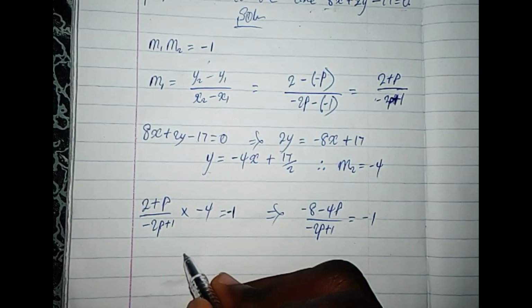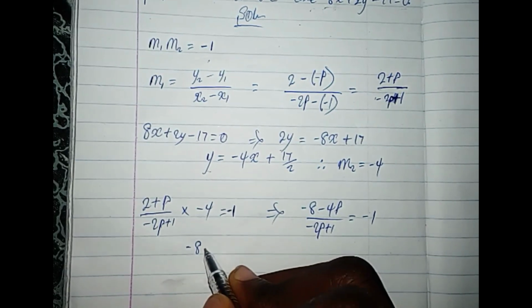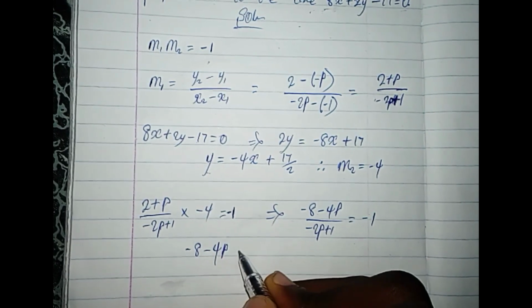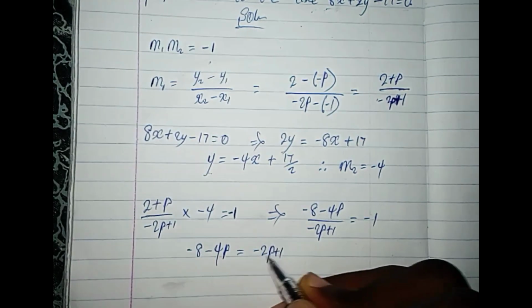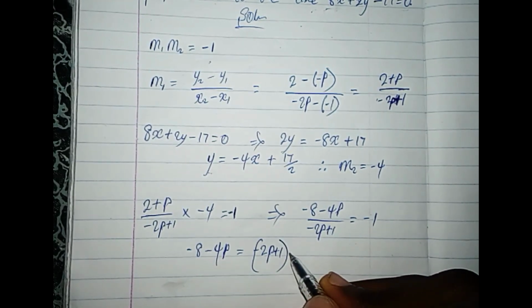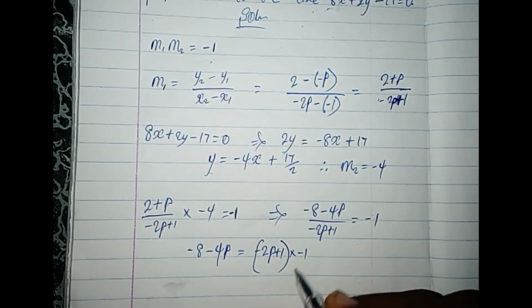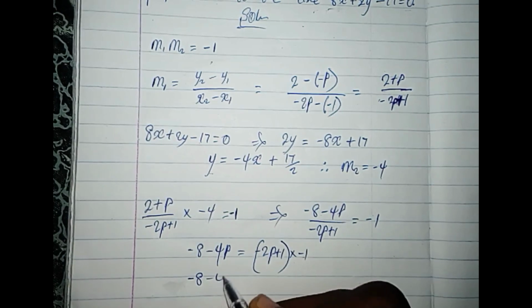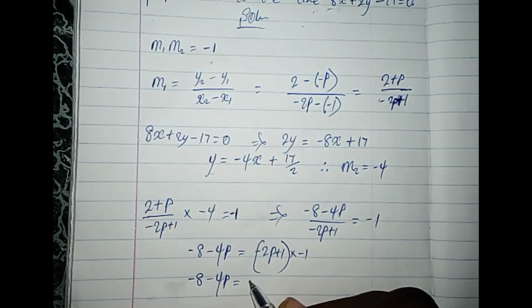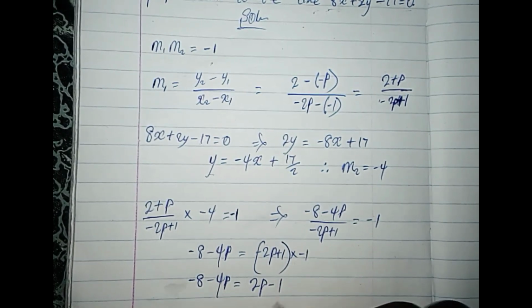So cross multiplying, we say this is -8 minus 4p equals (-2p plus 1) in a bracket times -1. So distribute this. We have -8 minus 4p equals 2p minus 1.